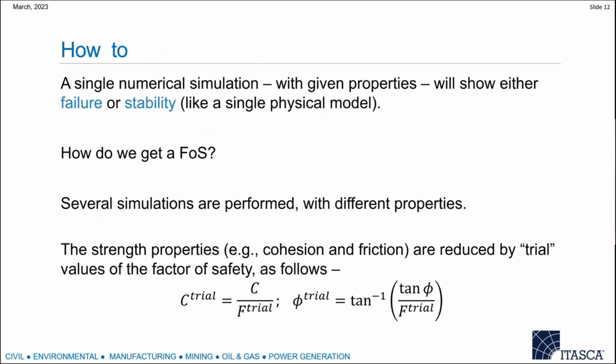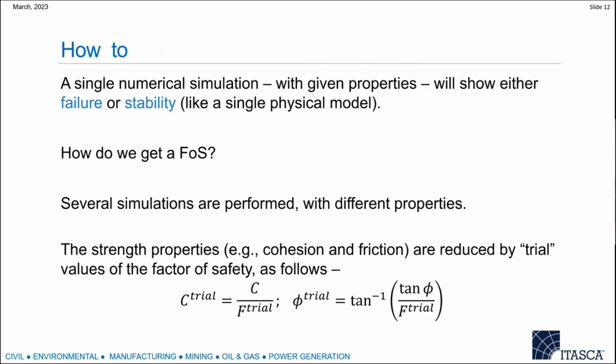So how do we use the numerical approach to calculate the factor of safety? First, a single numerical solution with given properties shows either failure or stable. How do we get the factor of safety?